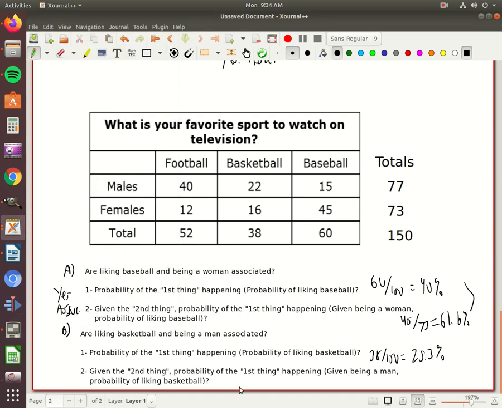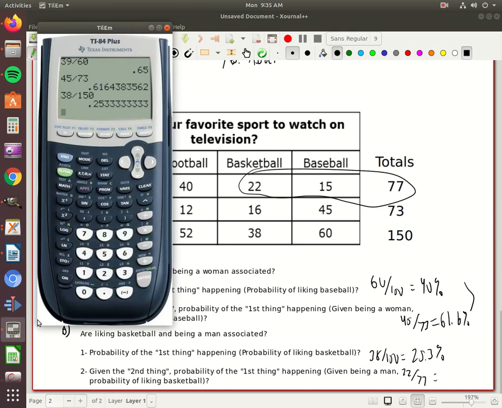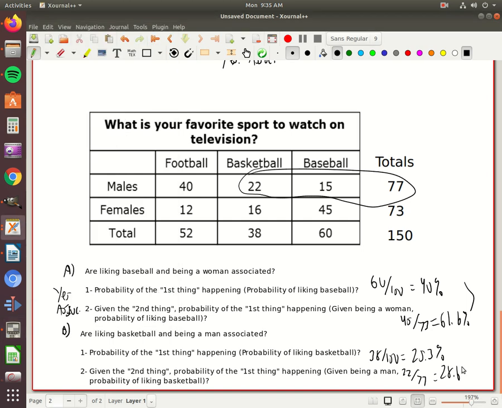Now, given that we're talking about a man, what's the probability that they like basketball? It looks like it's 22 out of 77. 22 divided by 77 is 28.6%. So is there an association? The numbers are different, but barely. I would say a very weak association.